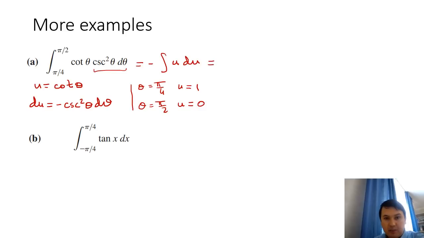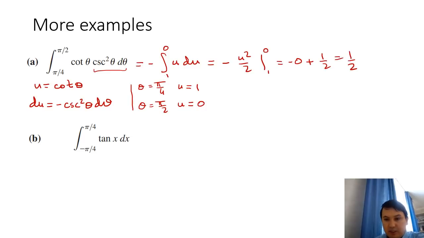So the integral is from 1 to 0. It's not from 0 to 1, it's 1 to 0. All right, so now the integral of u is u squared over 2, evaluated from 1 to 0. At 0, this is going to be minus 0. At 1, we have minus, which is going to be plus. At 1 it is 1 over 2, hence this is 1 half.